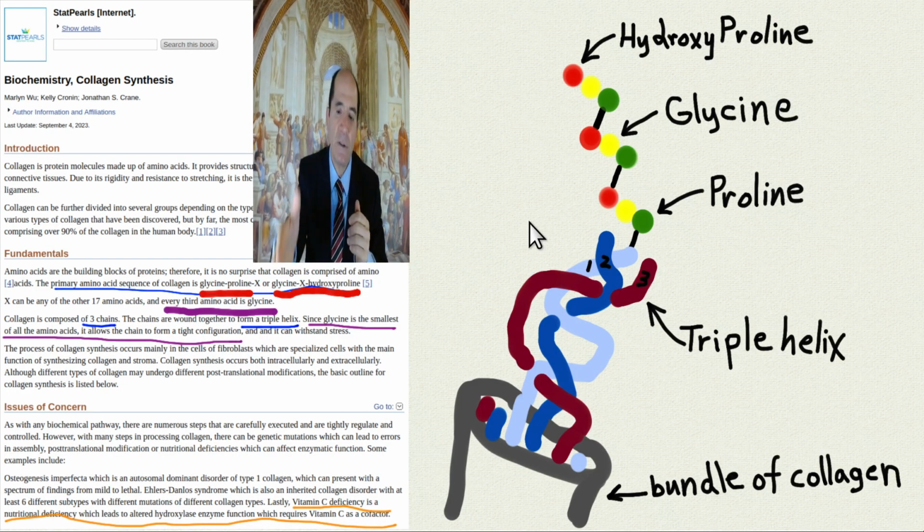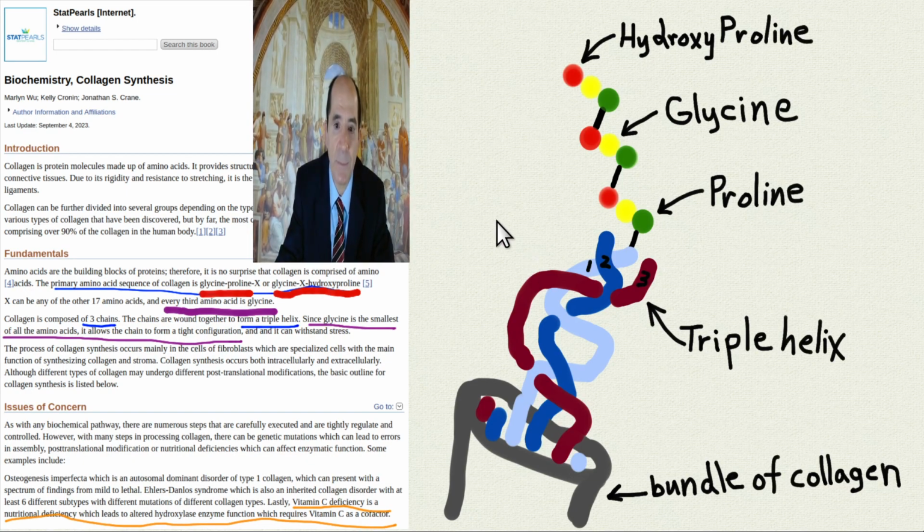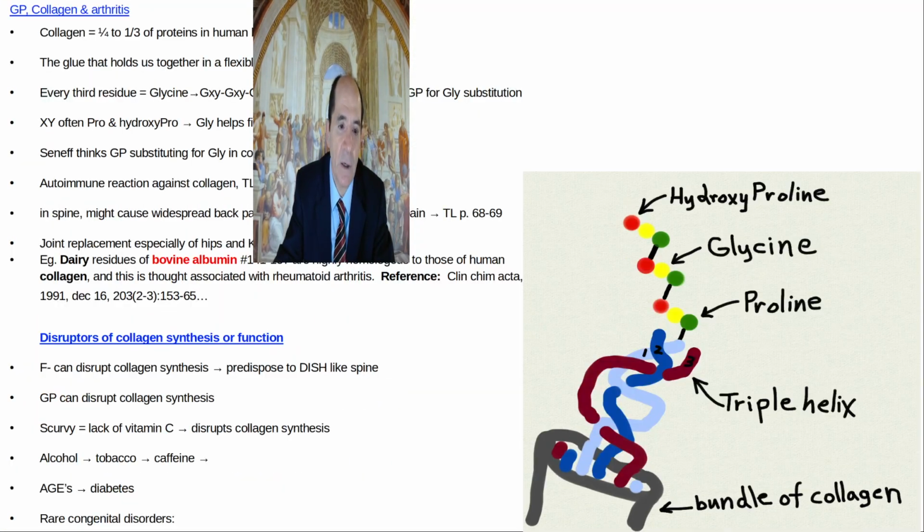Fluoride in toothpaste leads to damage of these ligaments. Smoking cigarettes leads to damage of these ligaments. Drinking alcohol damages these ligaments. The weaker these ligaments are, the more rapidly the spine is going to degenerate. So the good news is these are all avoidable things. Avoid all those things and you'll have better spine ligaments. And get your vitamin C by eating your fruits and vegetables.